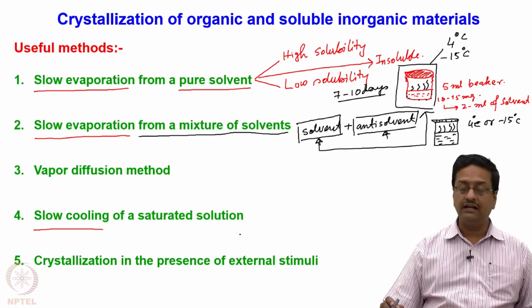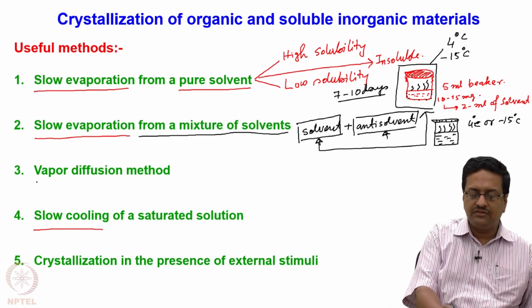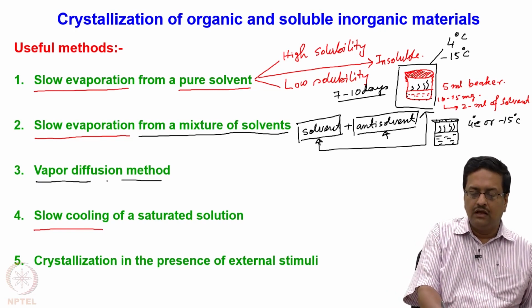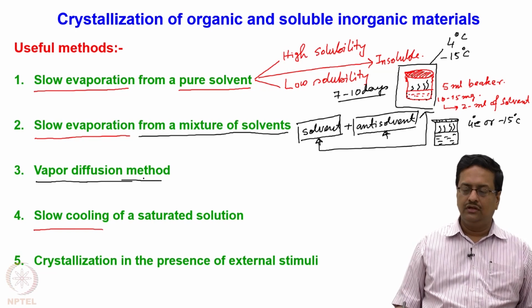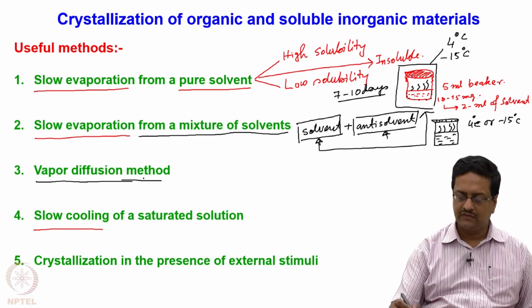The third method that one can use is called a vapor diffusion method. In this, once again we need to use two different solvents.